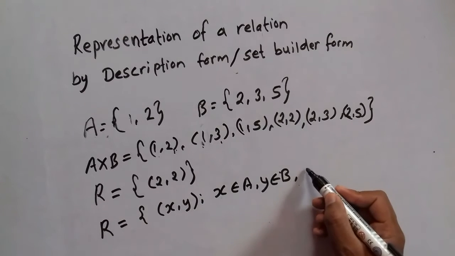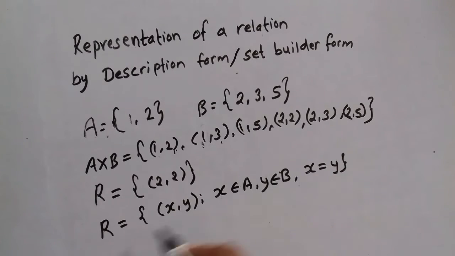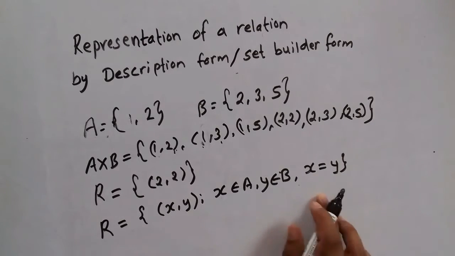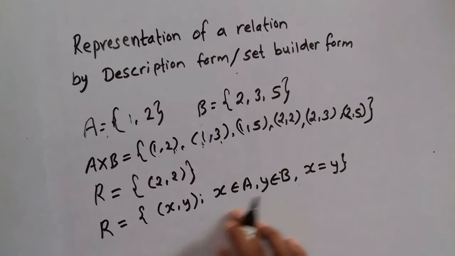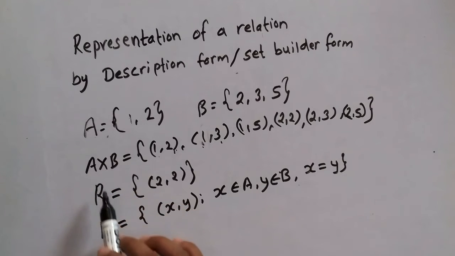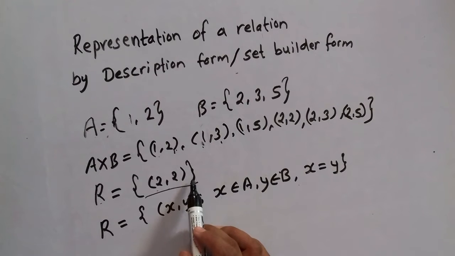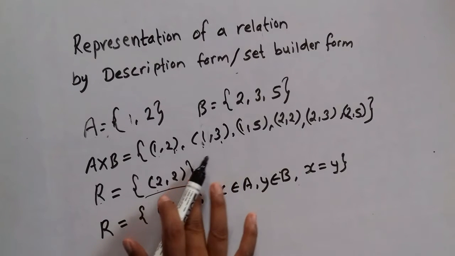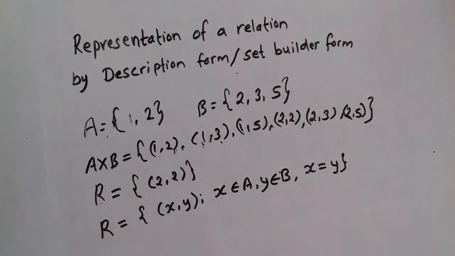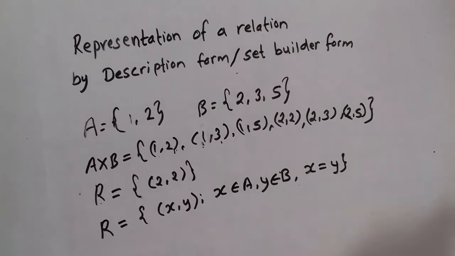We have formed this relation under x equals y. So this is the set builder form or description form of this relation. This is the set of order pair form, or which is also called roster form or listing form, and this is the description form or set builder form.